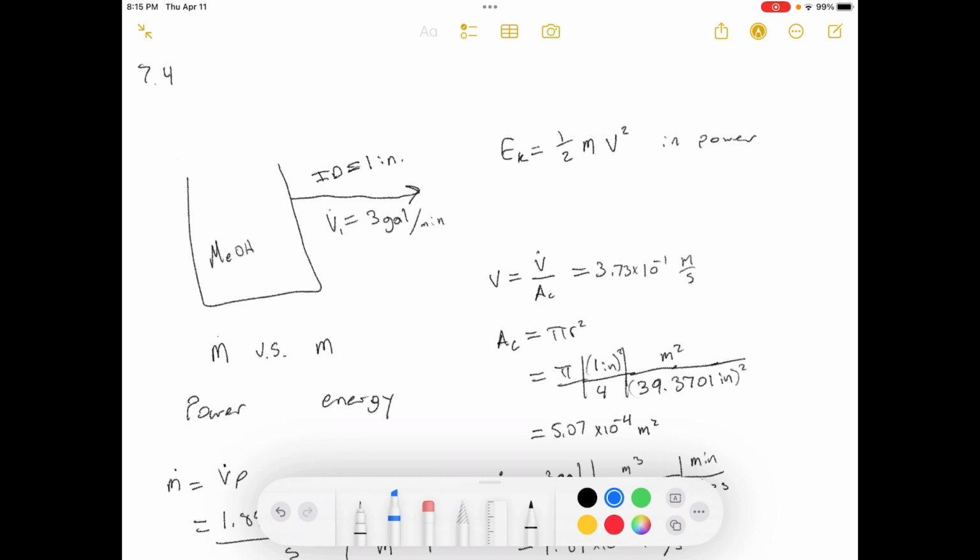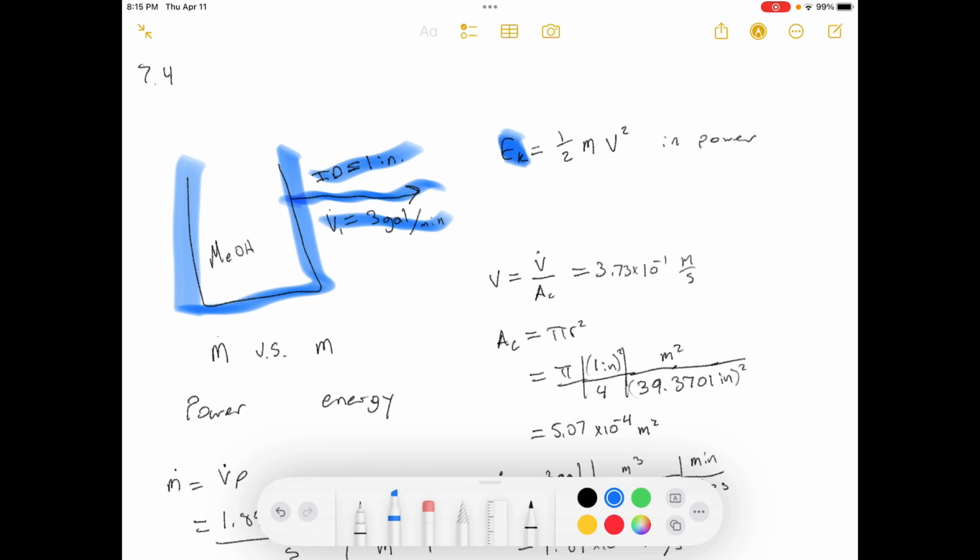Okay, so first we've got our tank here. It's got a bunch of methanol in it, and we're pumping it out of this pipe that has a 1-inch inner diameter and a volumetric flow rate. We're using kinetic energy, except this is a little odd. Right here I wrote in power, because we're not throwing a ball, a fixed mass object. We're pumping a continuous mass of fluid.